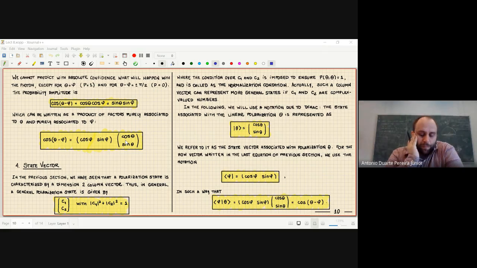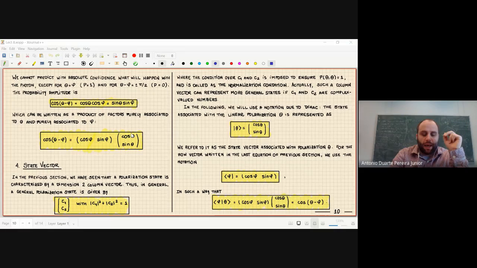So what, right? You are just writing a bunch of things, but what does this have to do with what we are saying? Well, you see that the photons after the first polarizer are polarized in the theta direction, and I have an object here, this column vector, that contains information related to theta.